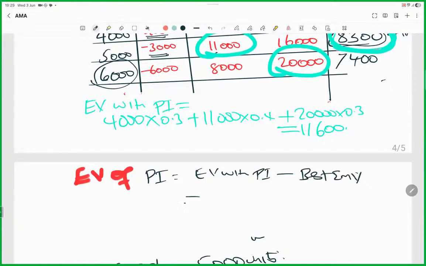Best EMV. So EV with PI is 11,600. Best EMV is 8,300, which will end up giving us what figure? 3,300. Yeah.